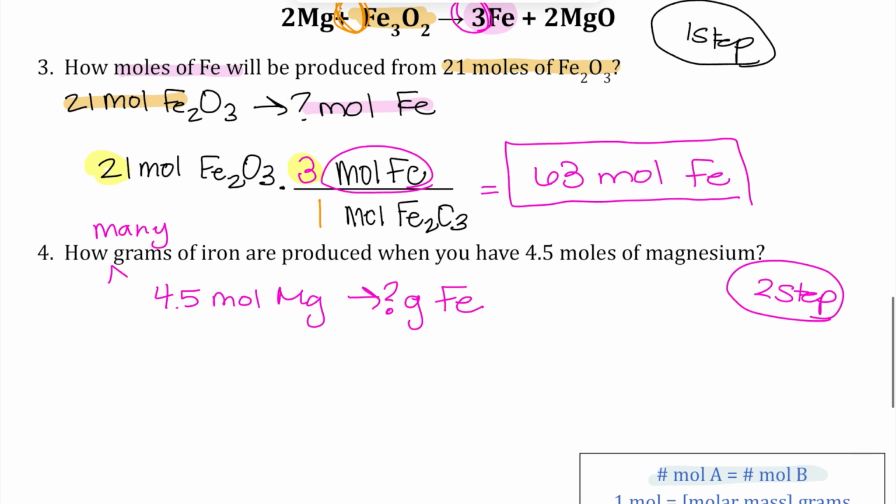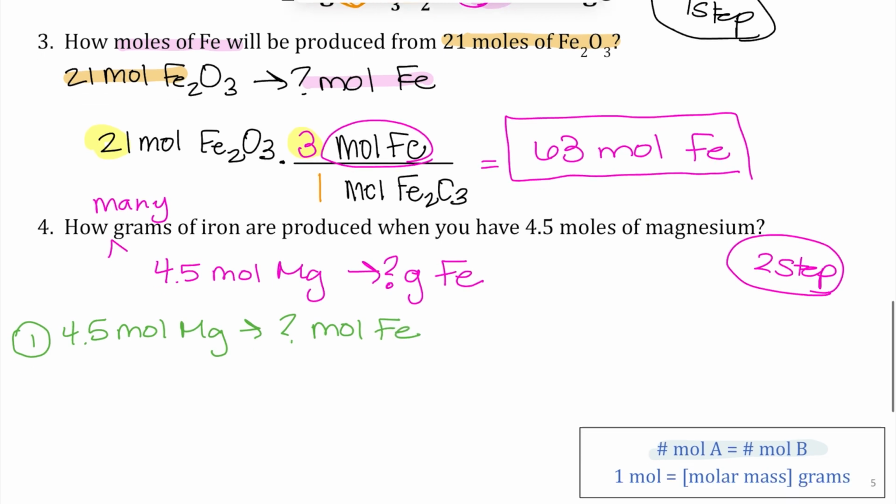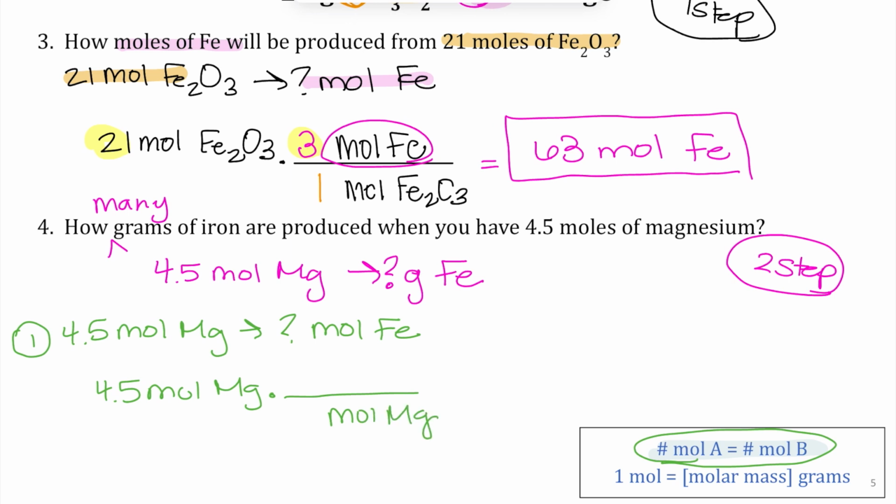I showed this in our gram to gram notes, but if you want to show each step individually, I could have 4.5 moles of magnesium, and I could show that going to moles of iron in one step. So I would have my 4.5 moles of magnesium using my mole ratio, moles of magnesium on the bottom, moles of iron on the top.